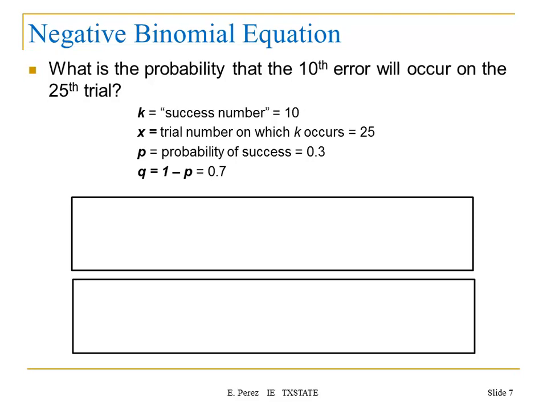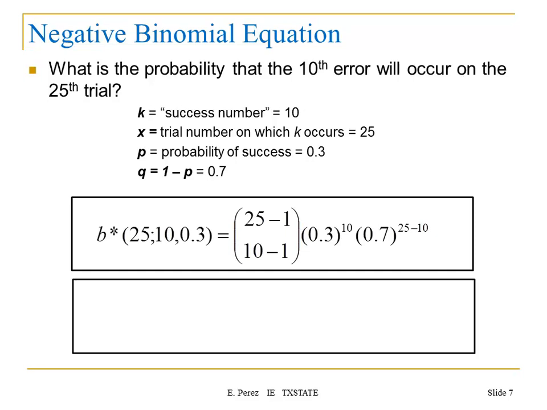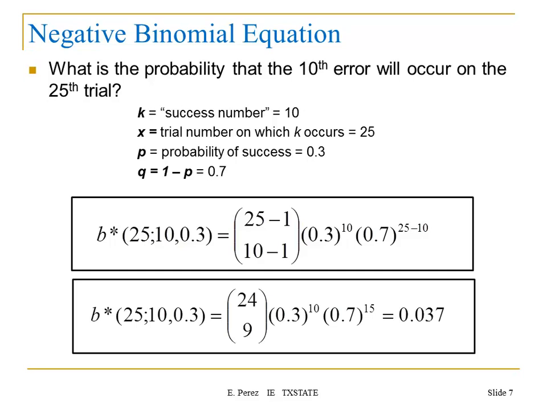So the success number is 10, the trial number on which the K-th success needs to occur is 25, the probability of success is 0.3, and the failure probability is 1 minus P. Putting those parameters into the negative binomial function, we obtain a probability of 0.037, which is about 4%.